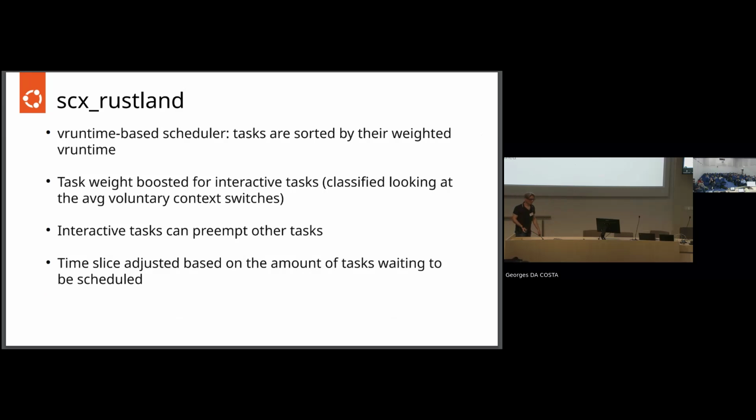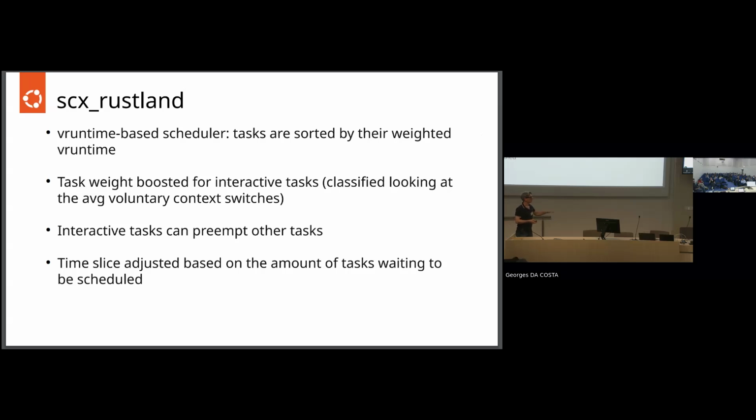The scheduler itself, there's nothing special here. It's just a vRuntime based scheduler, similar to CFS, with task priority and task weight. There's just a very simple heuristic that tries to classify tasks into interactive and non-interactive tasks.